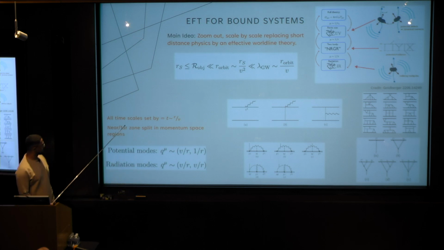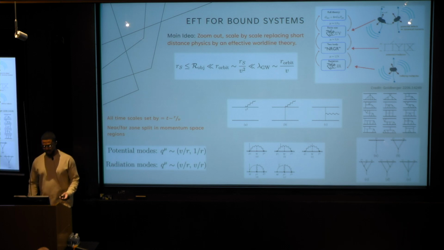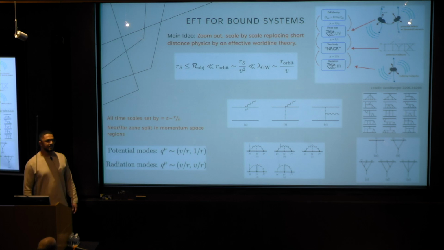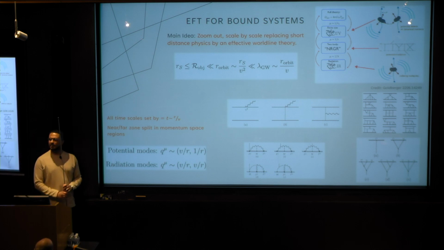Should also say, in more conventional methods, you have this intuition in position space of a near zone and a far zone. And the way that's implemented here, when we don't have geometry, we just have Feynman diagrams, is into something that's referred to as a split into regions. So you identify certain momentum modes for the gravitational field.